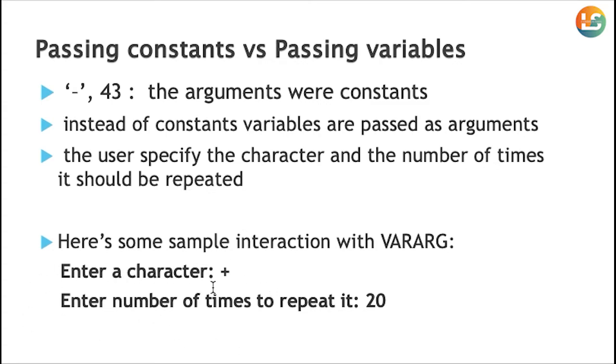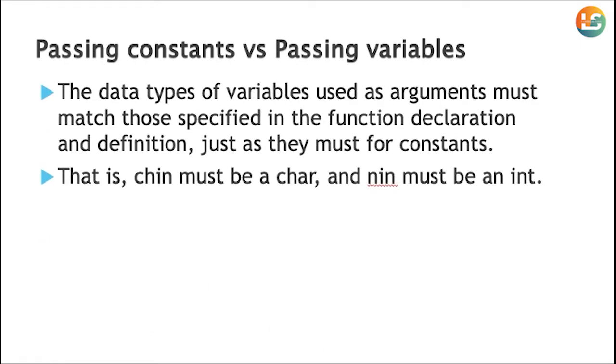The data types of the variables used as arguments must match those specified in the function declaration and definition, just as they must for constants. So chin must be a char and nin must be an integer.